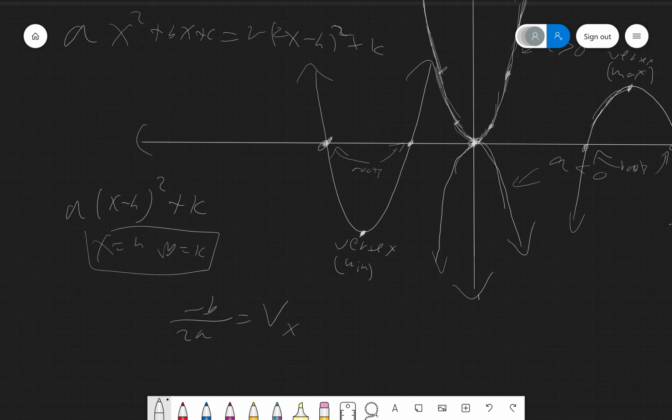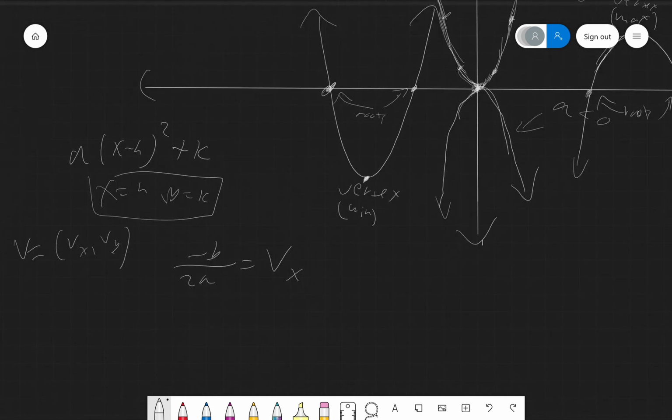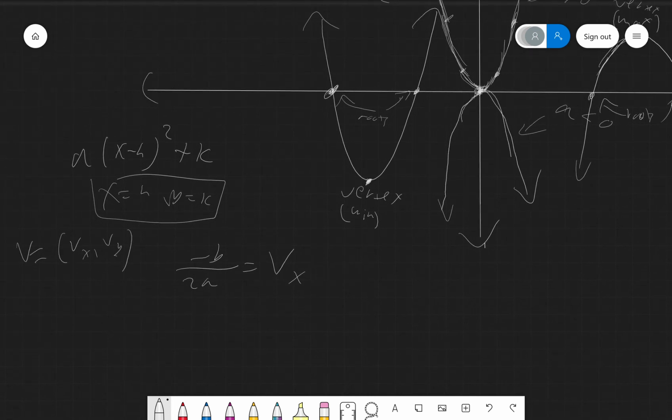I'm gonna say that. So v equals vx comma vy, and then there's some really complicated formula for what's vy, but if you were to simply plug in negative b over 2a, you'd get vy.